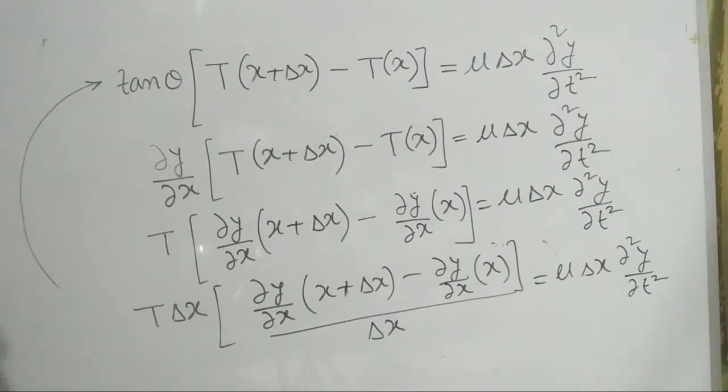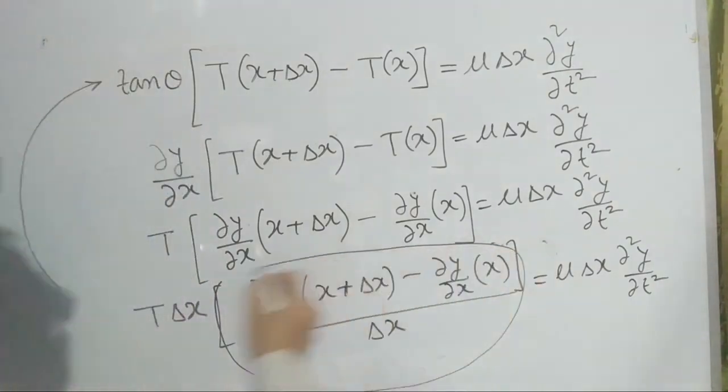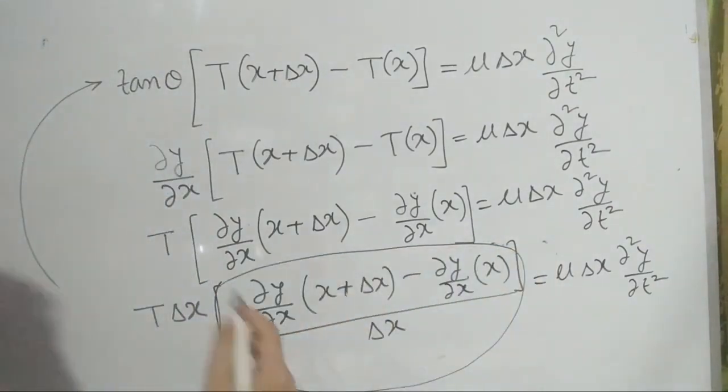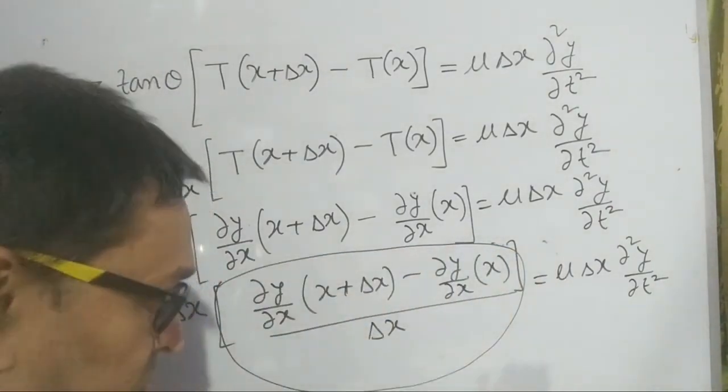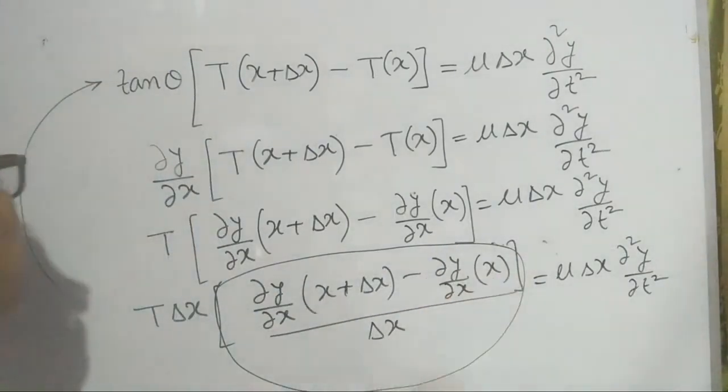So up to this, now see this total thing. By default delta x tends to 0. So this is the slope at a distance x plus delta x minus slope. So this will give you del square y by del x square.